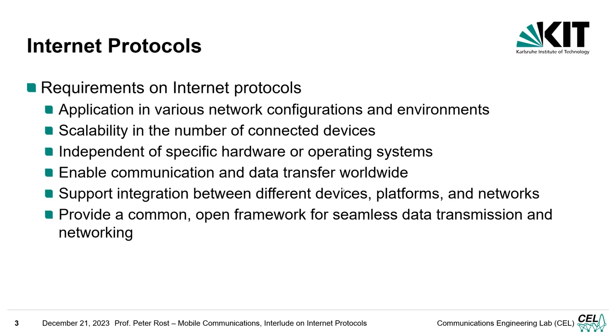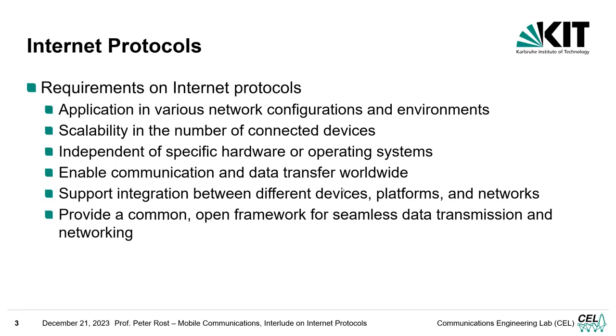Every time you have different network configurations and different environments, with mobility, without mobility, and so forth. It needs to be scalable in the number of connected devices, so it has to work at home with just two computers connected to the network, but also in a wide area network where you have millions of devices connected.